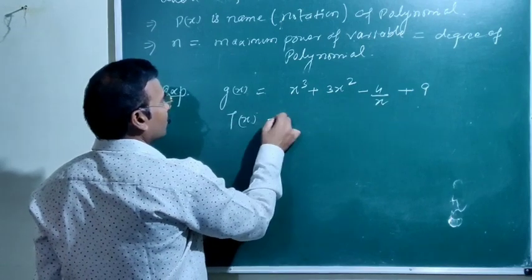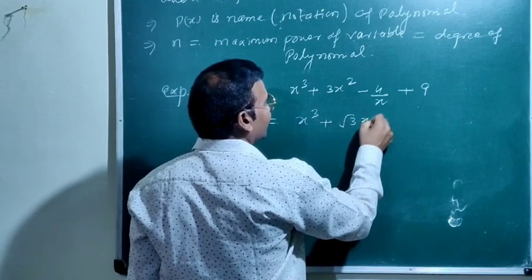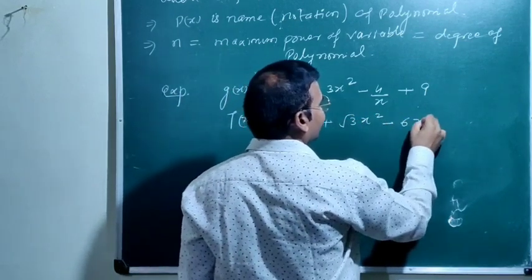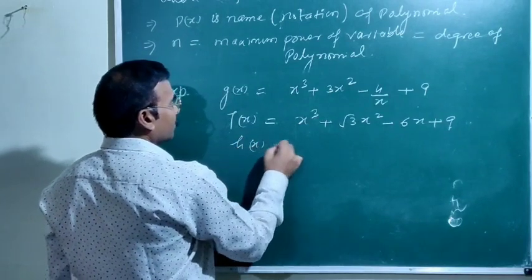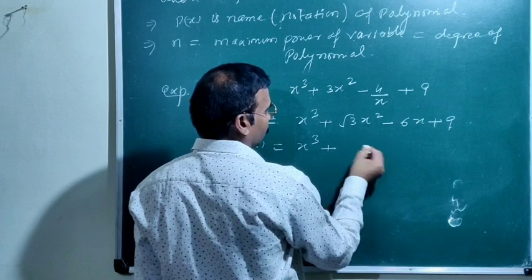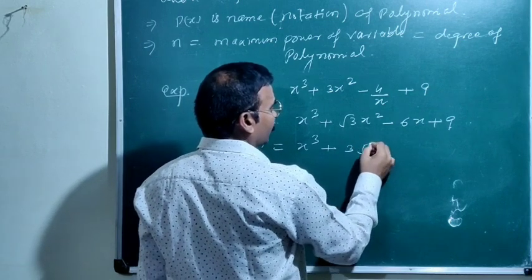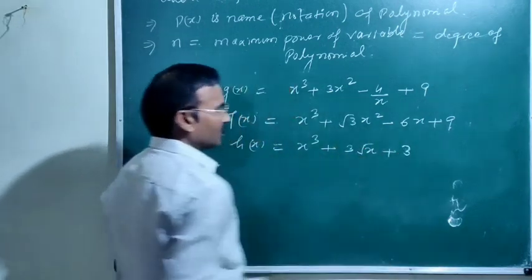Fx equals x cube plus root 3 x square minus 6x plus 9. Hx equals x cube plus 3 root x plus 3.